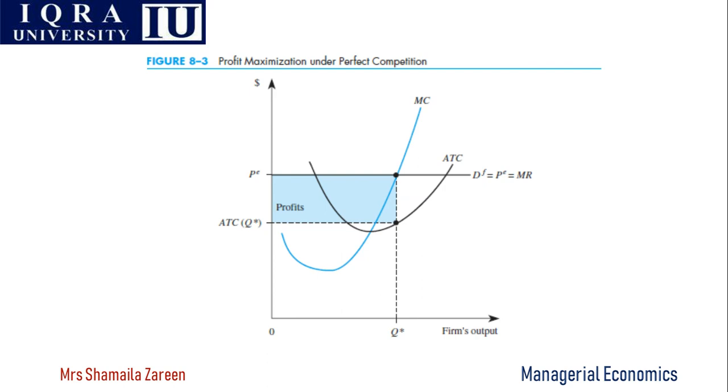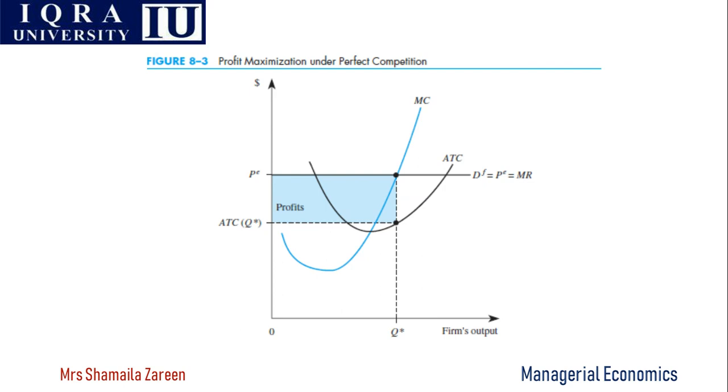An alternative way to express the competitive output rule is depicted in figure 8.3, where standard average and marginal cost curves have been drawn.